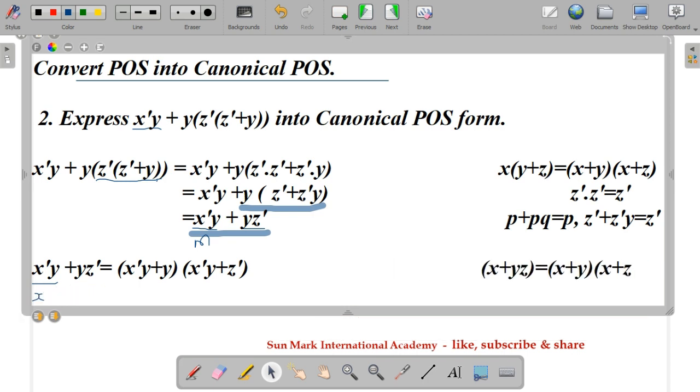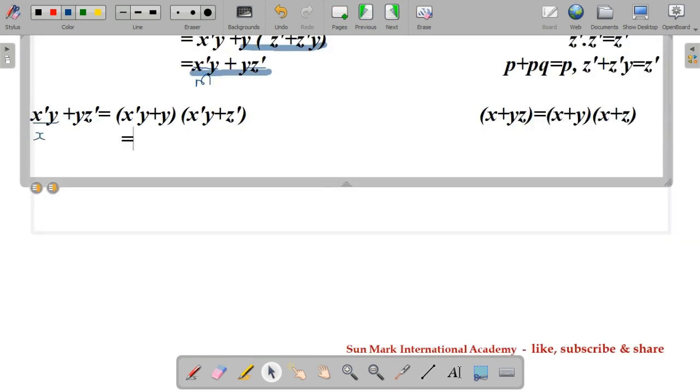So this one we got by applying the distributive law. Here this first term we are considering as x, second term we are considering as y z. So it will be x dash y plus y into x dash y plus z dash.